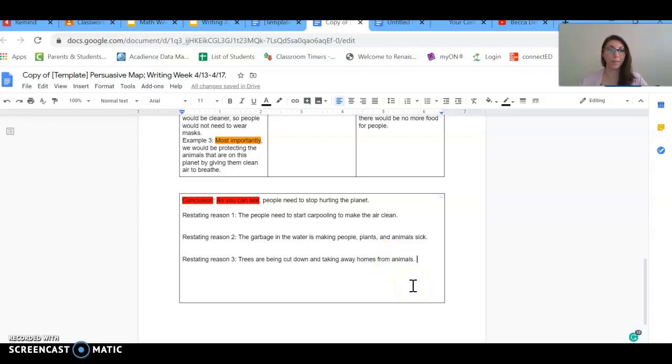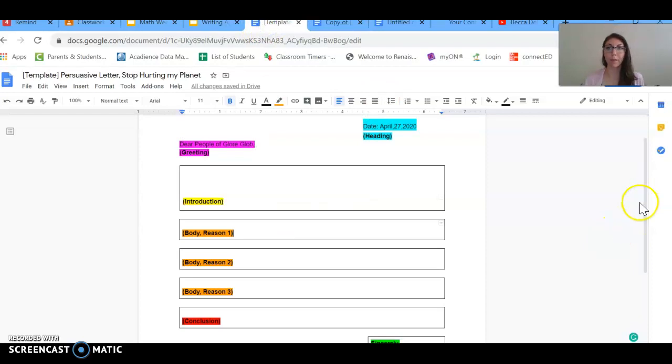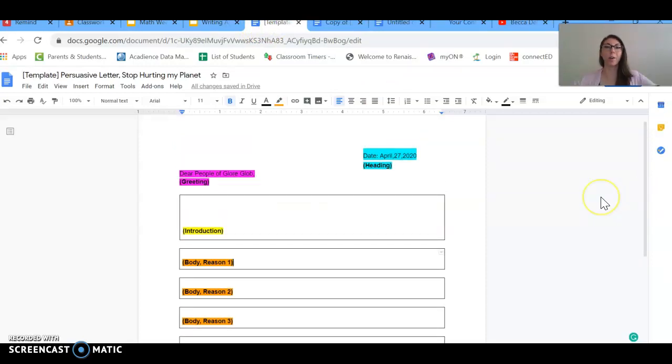Okay. So as you can see, for my conclusion, I'm taking the biggest ideas from my paragraph, and instead of writing every single little thing, I just took the big ideas and squished them all into one sentence. Now what you're going to do is you're going to turn this into a letter.